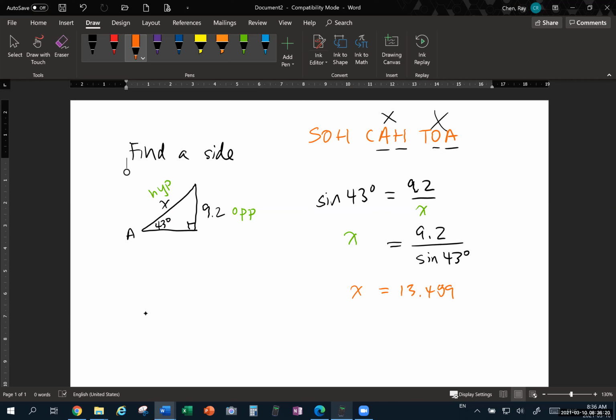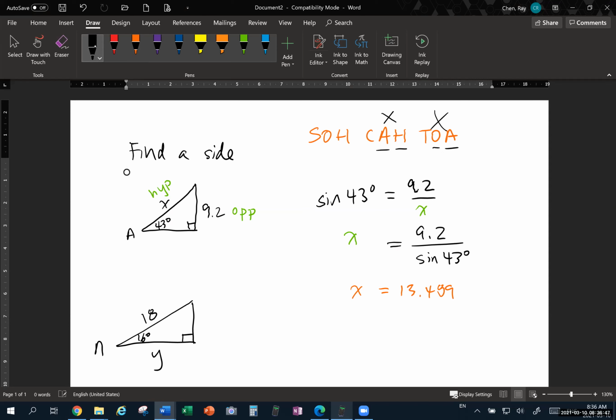Obviously, sometimes it's easier when the unknown is in the numerator. So we'll do one more example of finding a side. We'll just change this question up just a little bit. Let's just say this angle was 16 degrees. And let's just say this was side y this time. And let's just say we had this unit as, I don't know, 18 units.